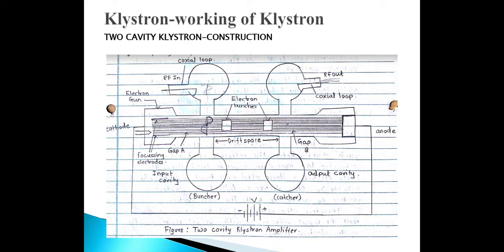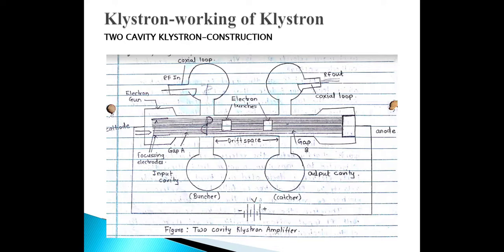The electron beam passes through a gap A consisting of two grids of the buncher cavity separated by a very small distance, and two other grids of the catcher cavity with a small gap B. The input and output are taken out from the tube via resonant cavities with the aid of coupling loops.